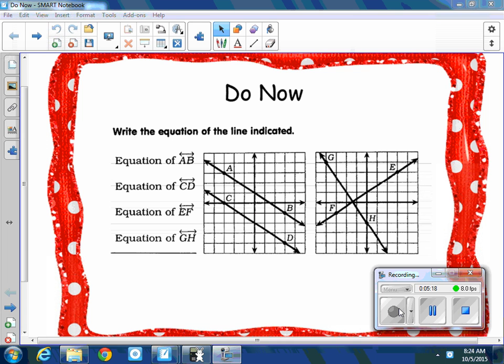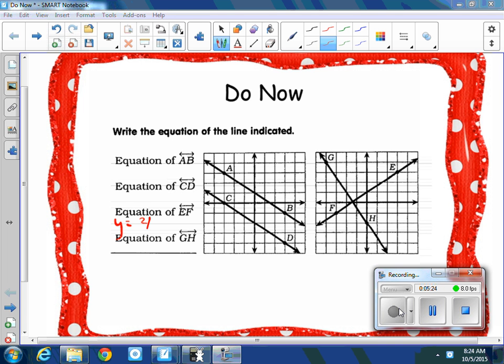Okay, so tell me the equation for EF. It would be y equals 2/3 x plus 1. And then the other one that I did in blue was y equals negative 3/2 x minus 2. Okay. So look at the slopes. What do you notice about the slopes?